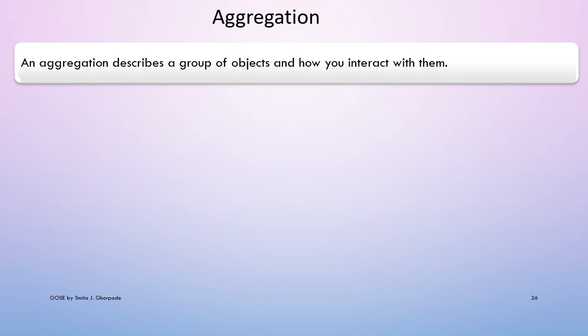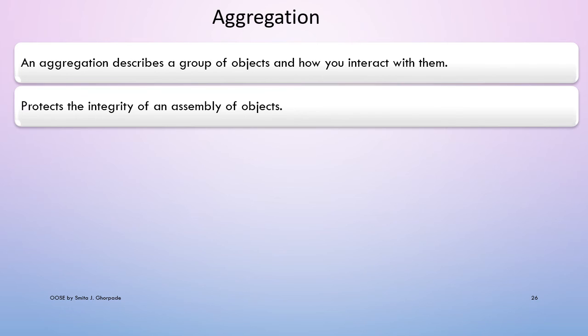One more type of relationship, that is aggregation. Aggregation is a special type of association. An aggregation describes a group of objects and how they interact with each other. Aggregation protects the integrity of an assembly of objects by defining a single point of control, called the aggregate, in the object that represents the respective assembly.